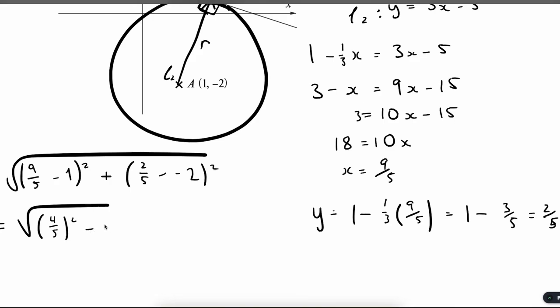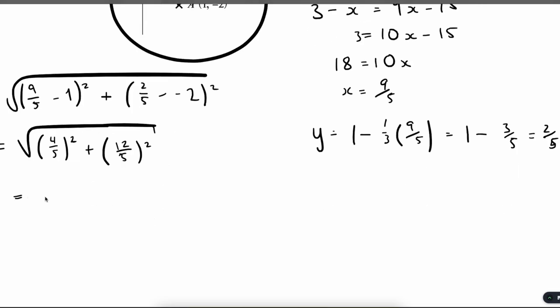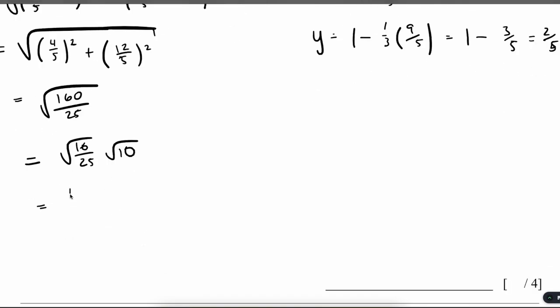That's equal to 4 over 5 squared plus 12 over 5 squared, which is the square root of 16 plus 144, which is root 160 over 25. Now we can take out a 10, so we can do root 16 over 25, and these are both square numbers. Take out our root 10, so we end up with 4 root 10 over 5.